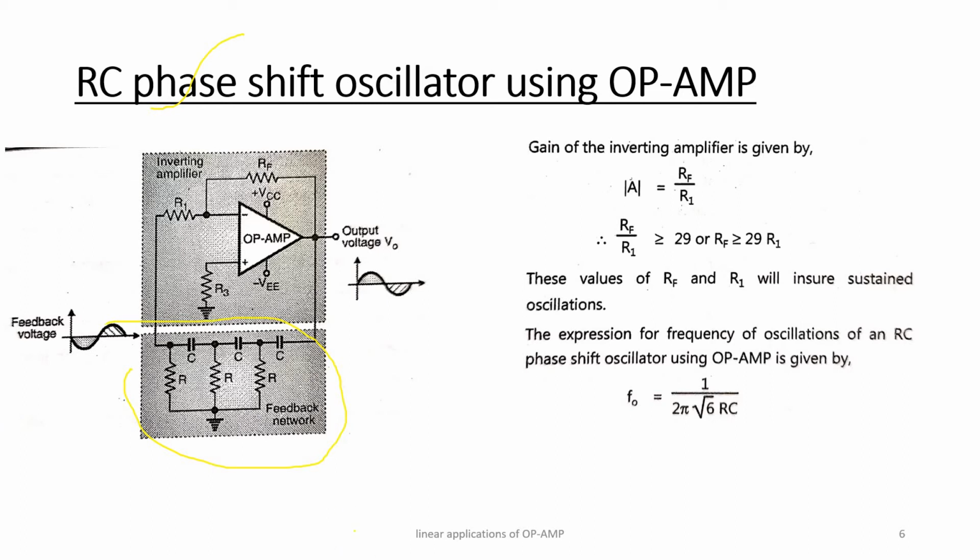This feedback network attenuates the signal at its input and feeds it to the amplifier input. The level of attenuation is decided by the feedback factor, denoted as beta. The gain of the inverting amplifier is decided by the values of RF and R1.